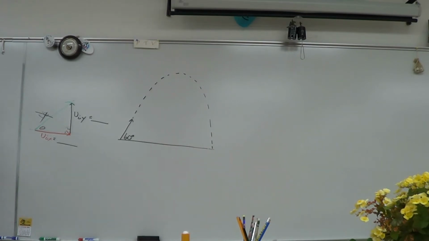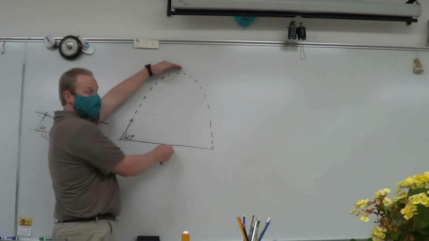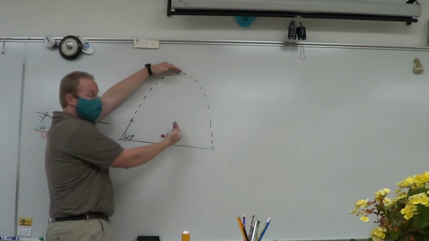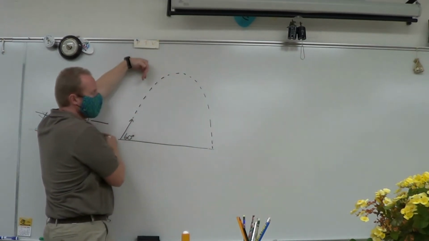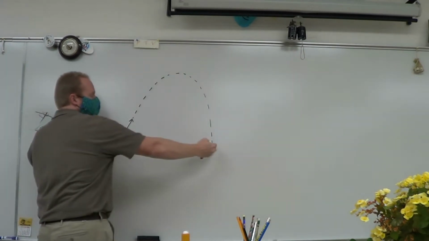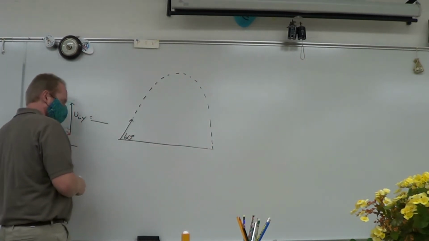Whether I am or not, I don't know. Okay, and it's going to be in the air for some amount of time, and it's going to go some distance. So we could talk about, well, what's my delta y at max height, right? So really that's a max height problem. If I were to say how high does the object go, I'm saying, well, what's the first half? Or I could say how far does it go? It'd be my delta x.